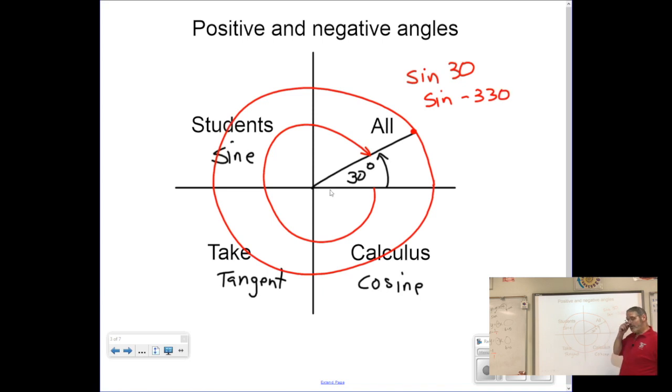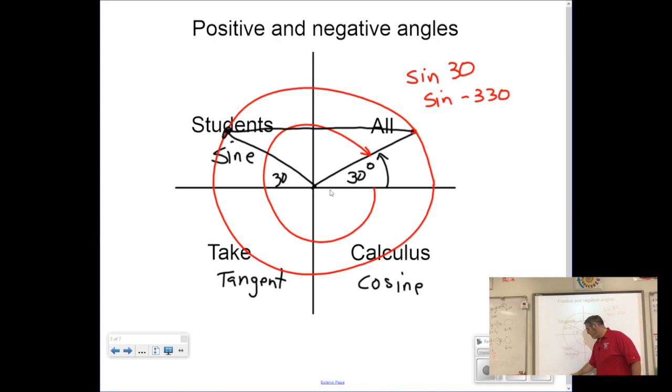Now to figure out what other two angles there would be, I have to say, well, sine is the y value. So along this y value, what other angle would give me the same y value? Well, this would have to be 30. These two have to match.